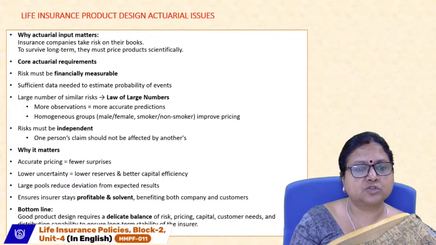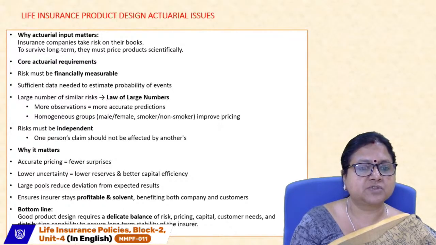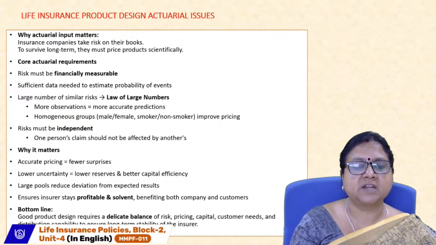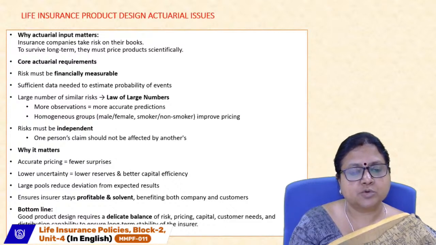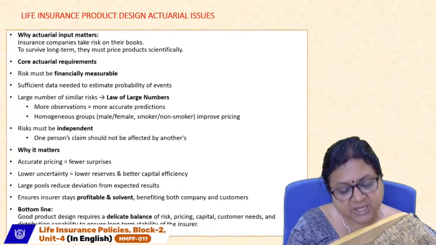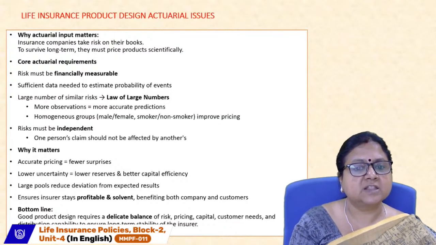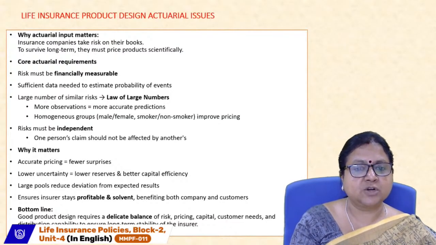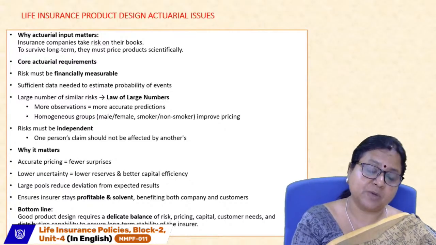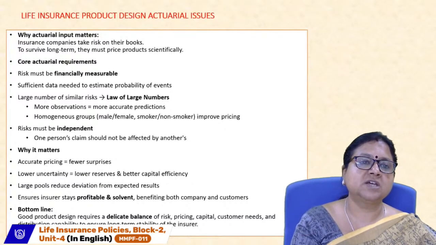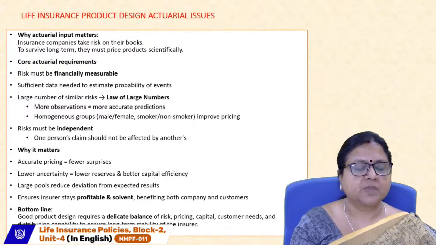And risks also must be independent. One person's claim should not be affected by another person's risk. So insurance companies need to design their products very carefully and price them accurately, so that they are affordable and their business also will grow.